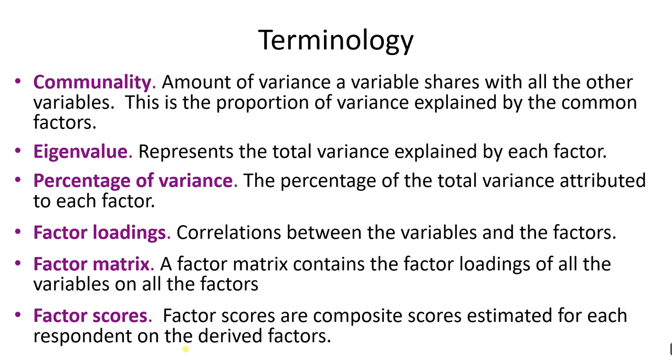Now I will move to how the factor analysis is similar or different from some other techniques. Factor analysis is one statistical method or set of techniques that are used for data reduction purpose, reducing a set of larger variables into fewer factors or dimensions. But there are other techniques also.